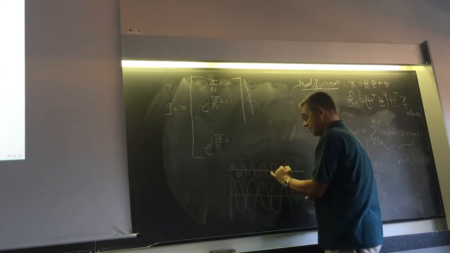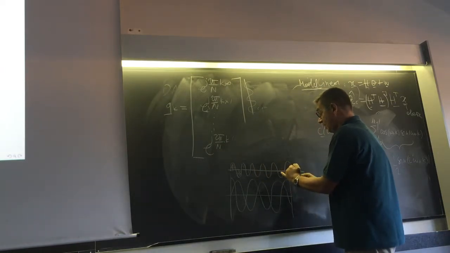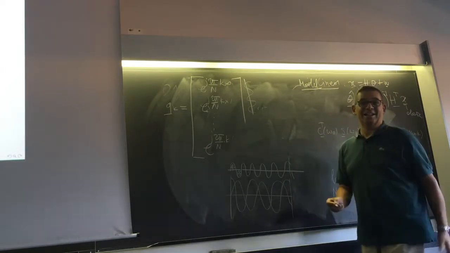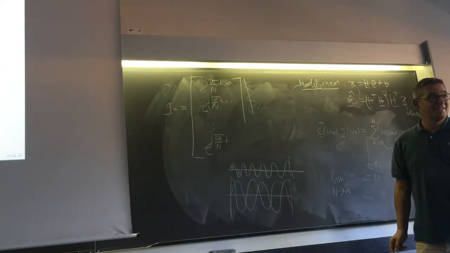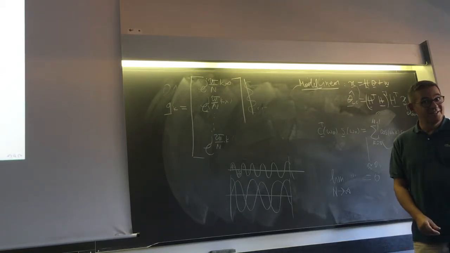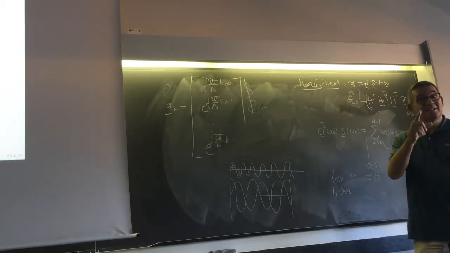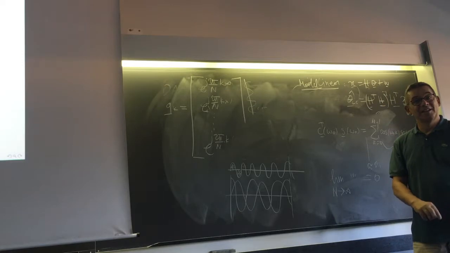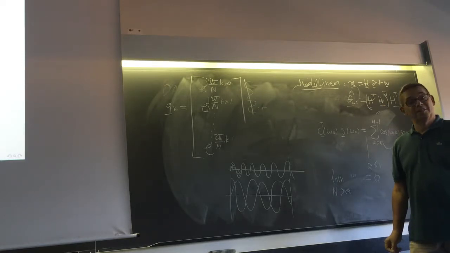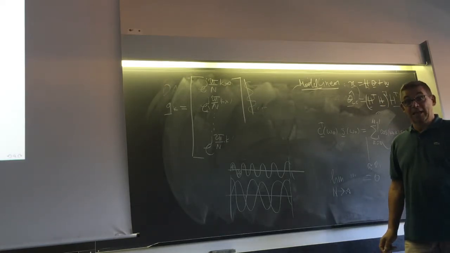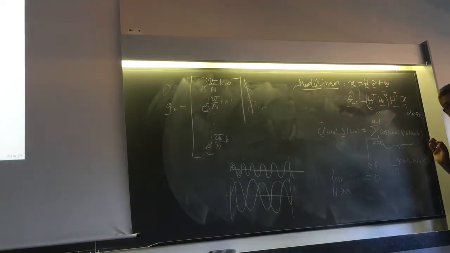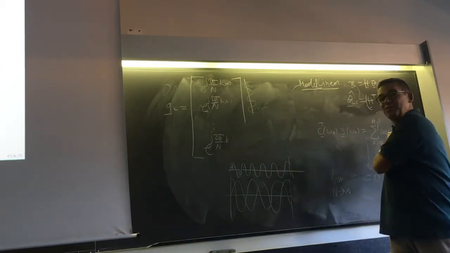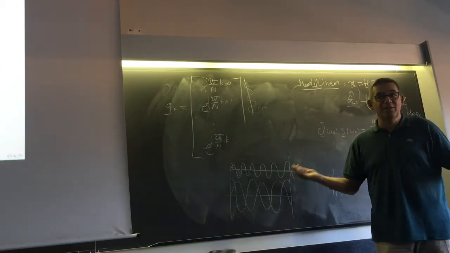Positive, negative, positive, negative, positive, negative, perfect, then positive. You see? It's not 0. Is it clear? That means it depends on the interval. Maybe it could be 0. If that one goes to infinity, then what happens at infinity is that positive and negative always cancel.